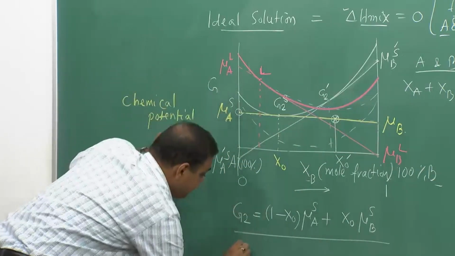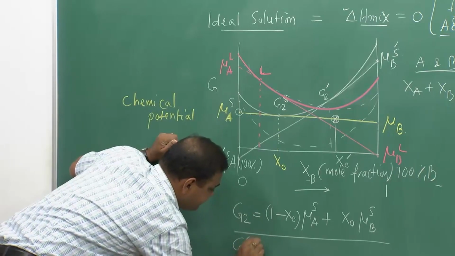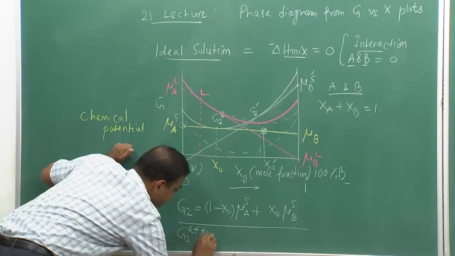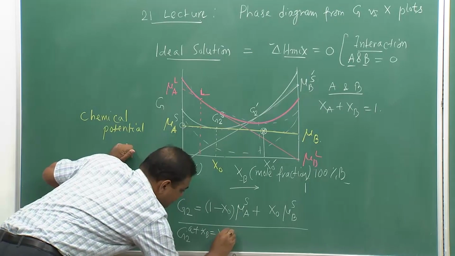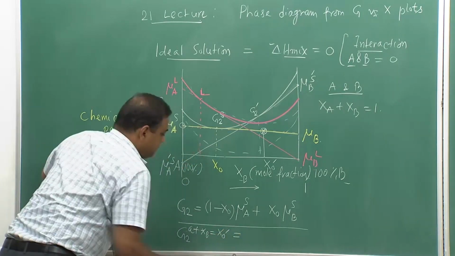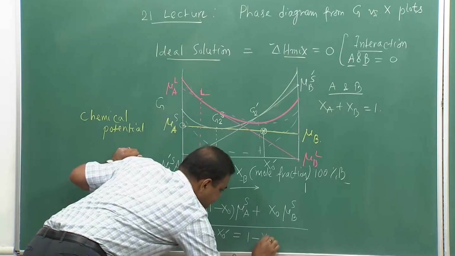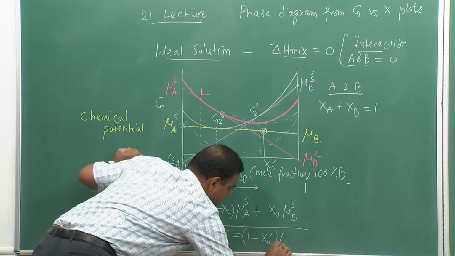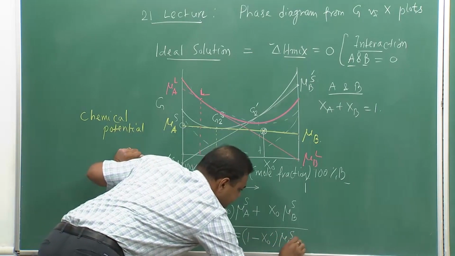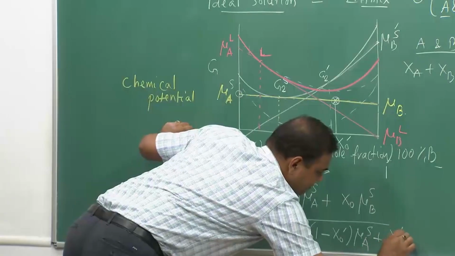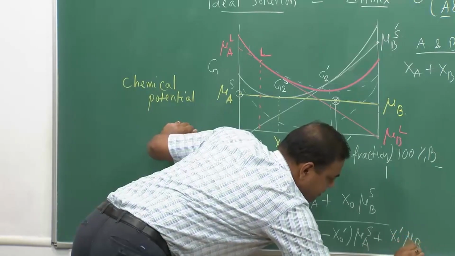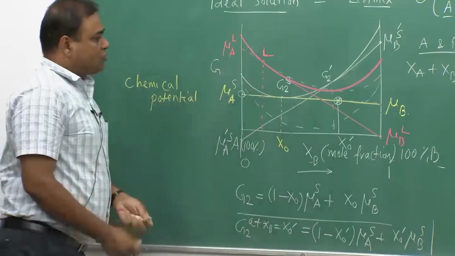So, now if we try to plot at x B equal to x 0 prime, we have to simply write (1 minus x 0 prime) mu A S plus x 0 prime mu B S. So, what am I doing?